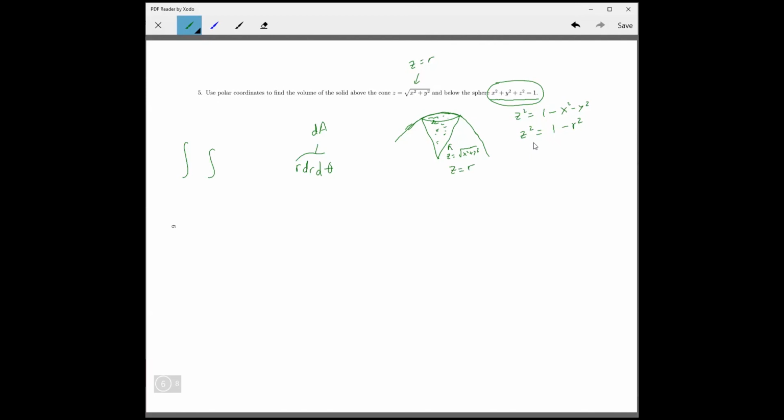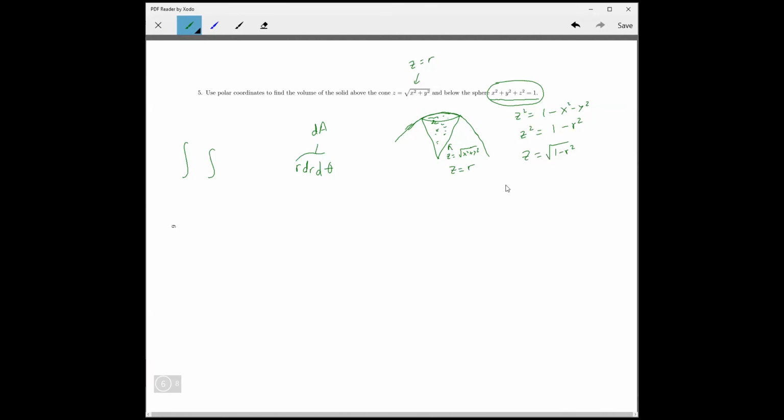Okay, so anyways, z is the square root of 1 minus r squared. That's for the sphere.